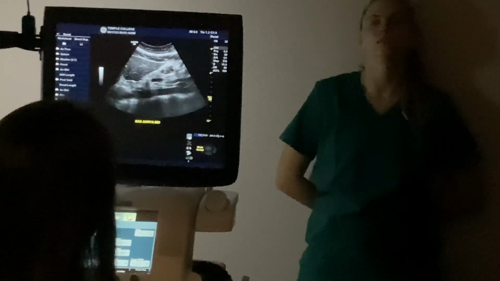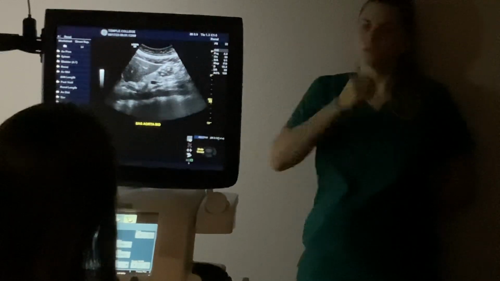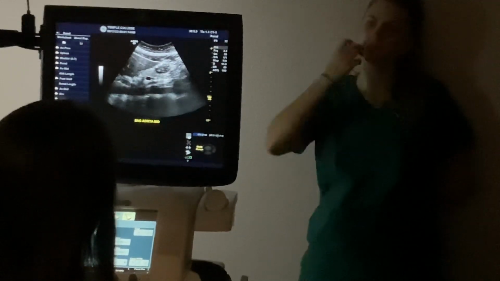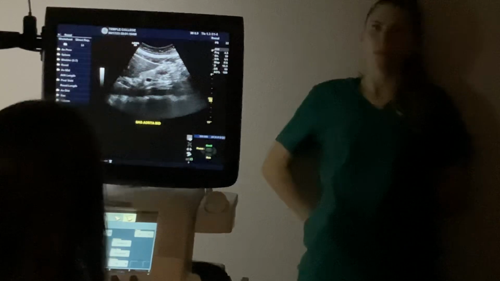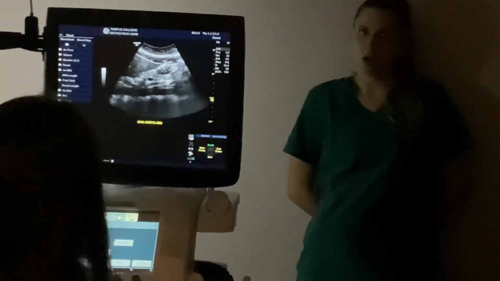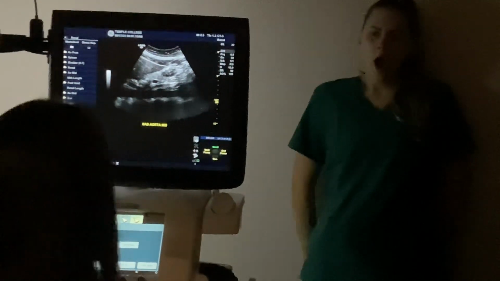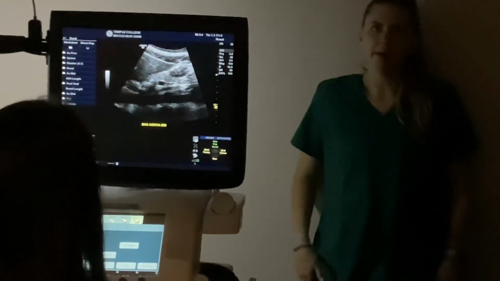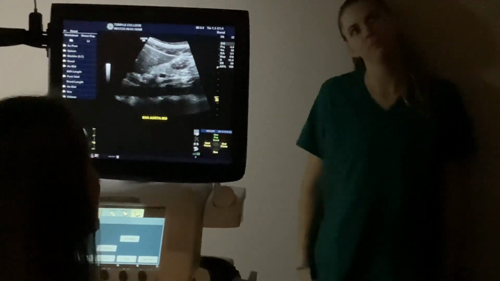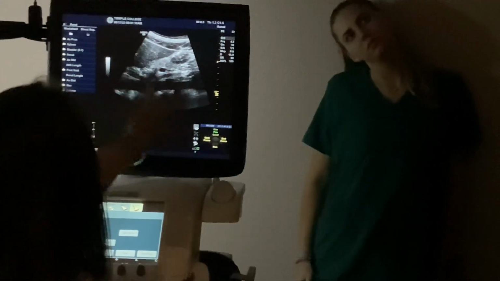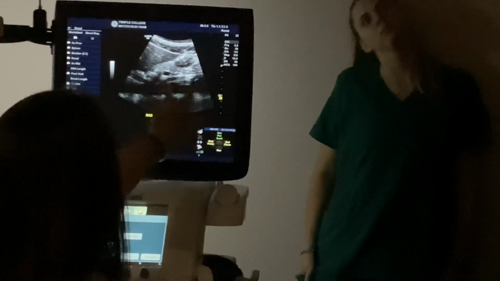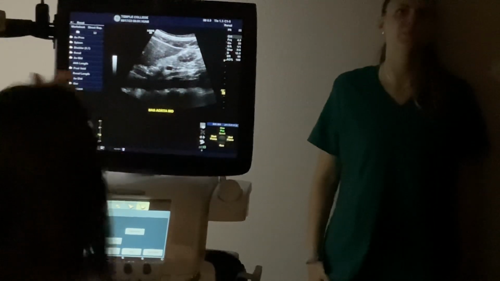So now I'm trying to get lengthened out, perpendicular, where I can see those structures. Breathe. A little bit of a tilt, but for the sake of argument, I'll leave it. Okay, so this is going to be your mid. Prox is here, mid is here. Distal to the junction.